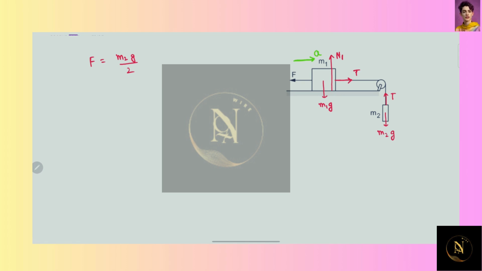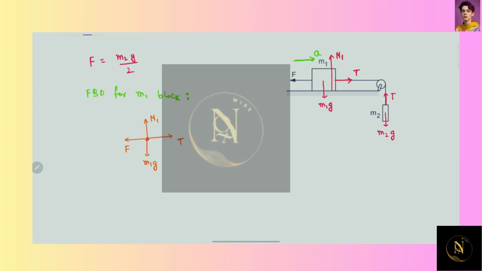Okay, so if I draw the FBD, free body diagram, for m1 block, let's say this point is representing my m1 block. On this m1 block, T force is acting forward, F force is acting backward, m1g force is acting downward, and n1 force is acting upward.